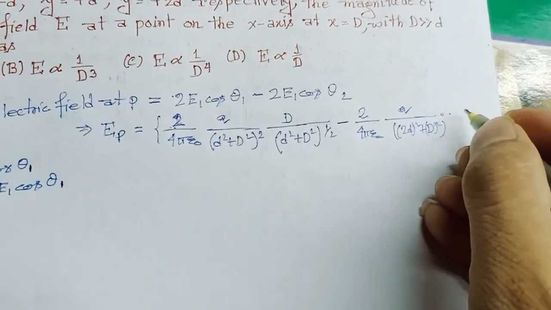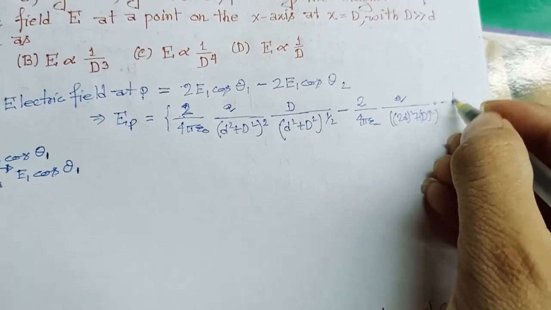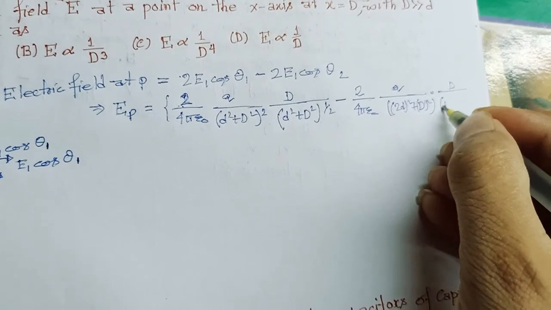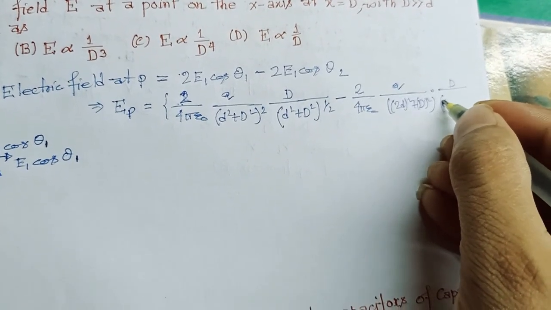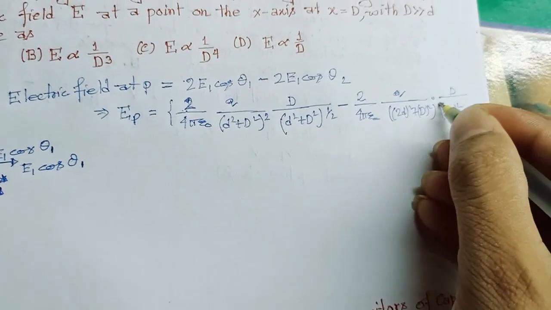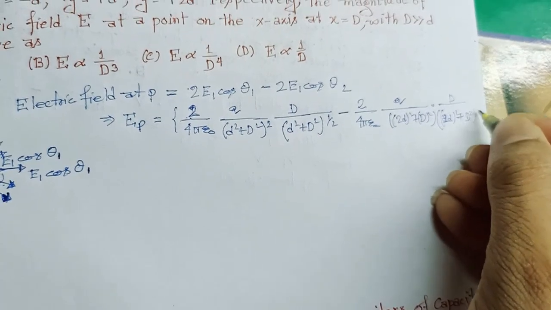Now the value of cos theta is equal to d divided by (2d) square plus capital D square.